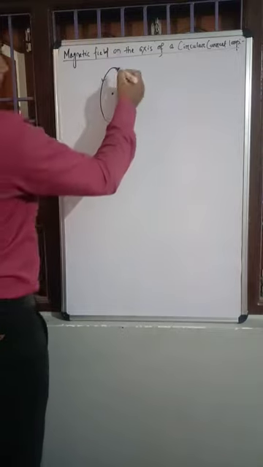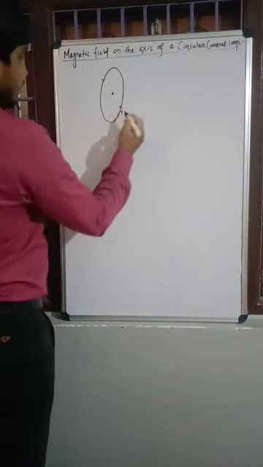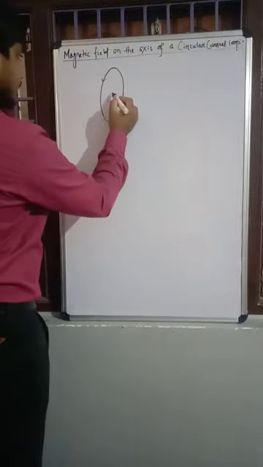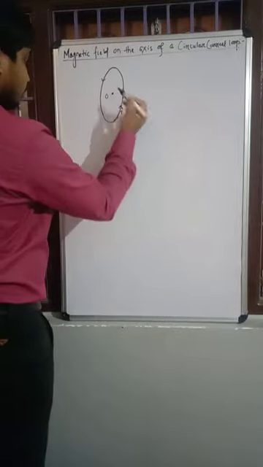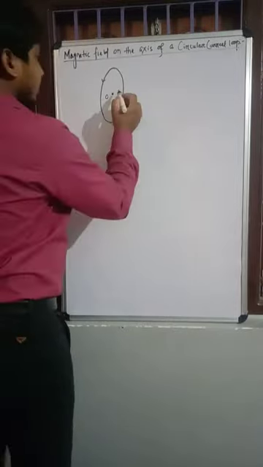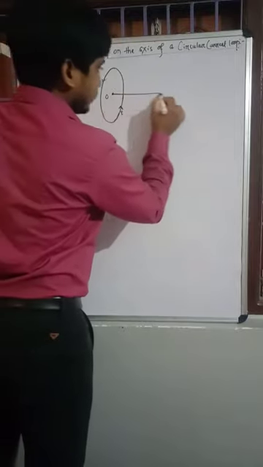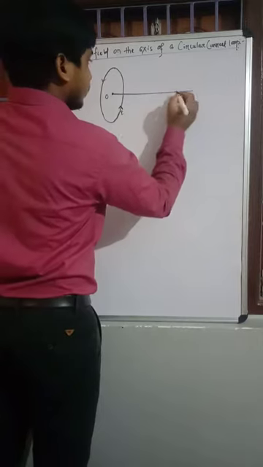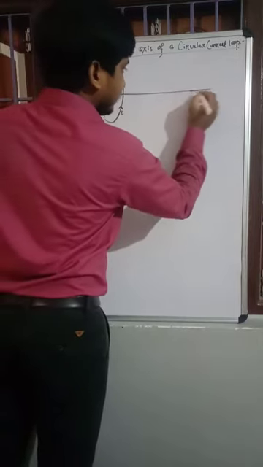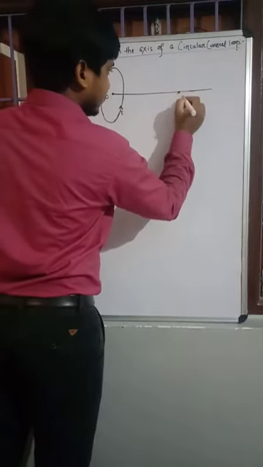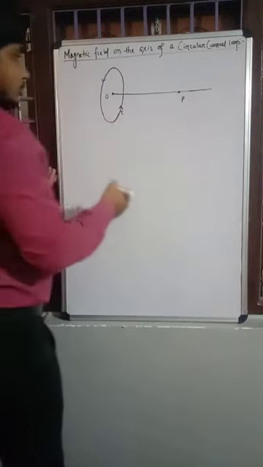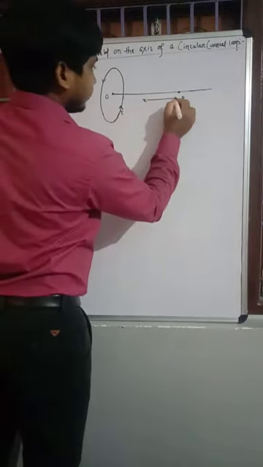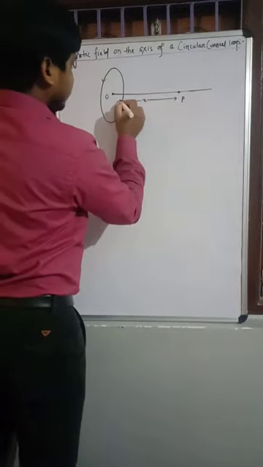So now I have taken a circular loop, this one, in which current I is flowing. And this is the center, it will be O, and let this be the axis which is passing through its center, and let us consider a point P here, which is situated at a distance of x from the center.